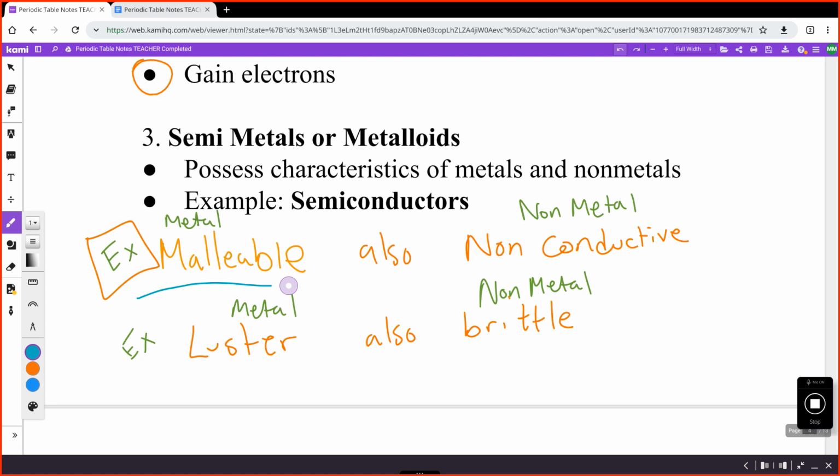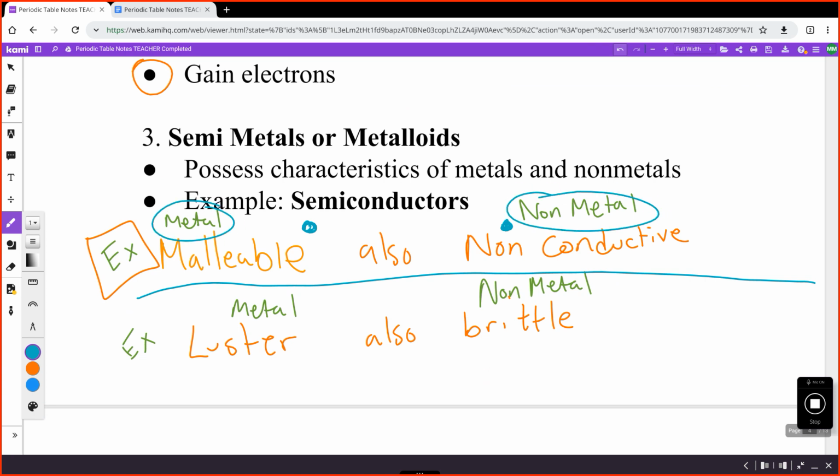So example 1 says, such and such a metal is malleable and non-conductive. Well, malleable is a characteristic of a metal. Non-conductive would be a characteristic of a nonmetal. So how can something be kind of a metal and kind of a nonmetal? Because it is called a semi-metal.